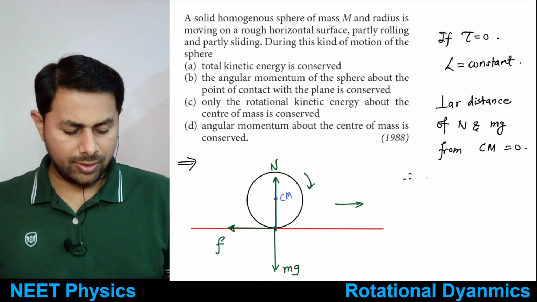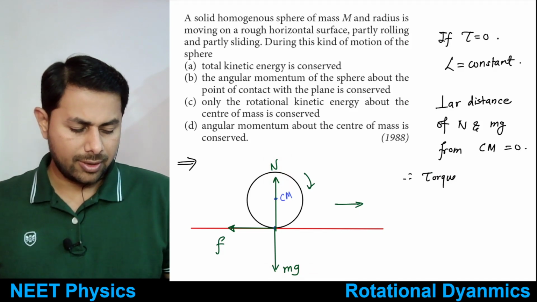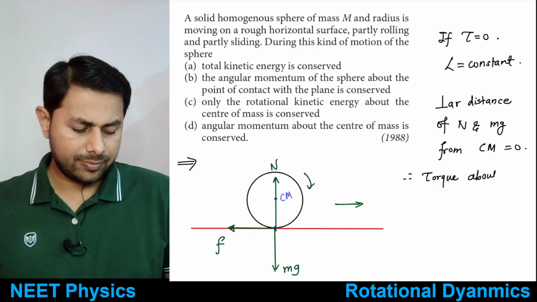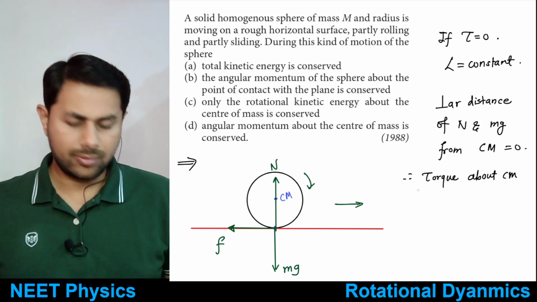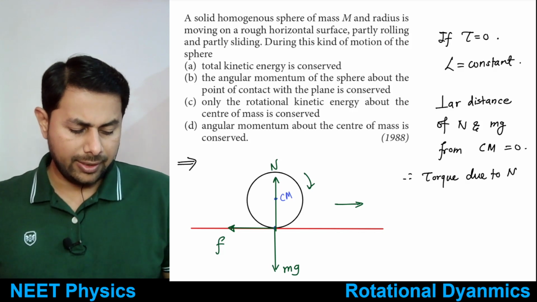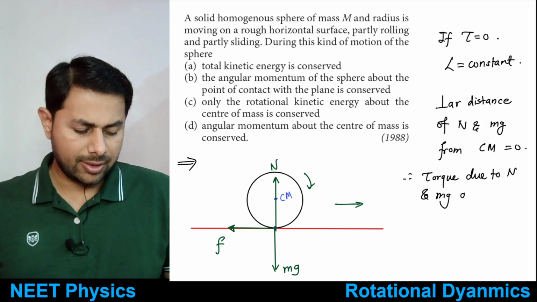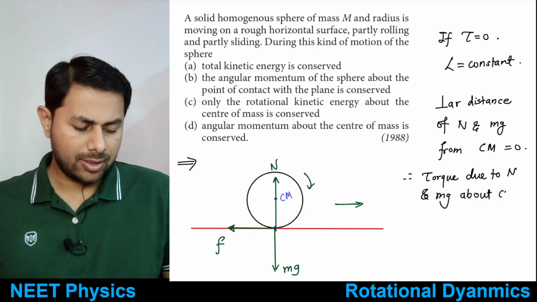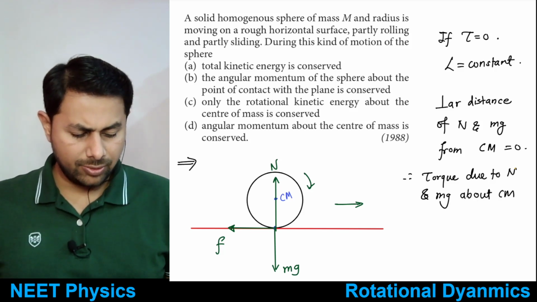So the torque due to N and mg about the center of mass would be equal to 0.